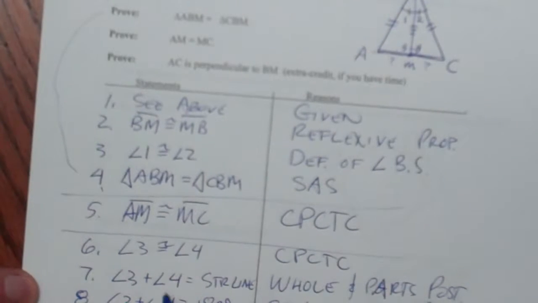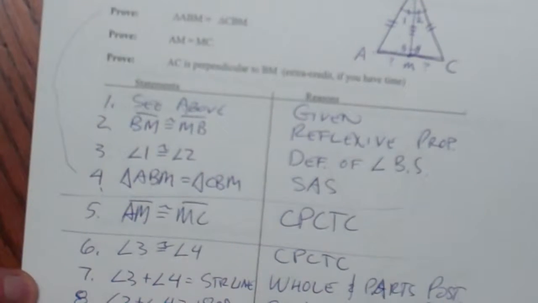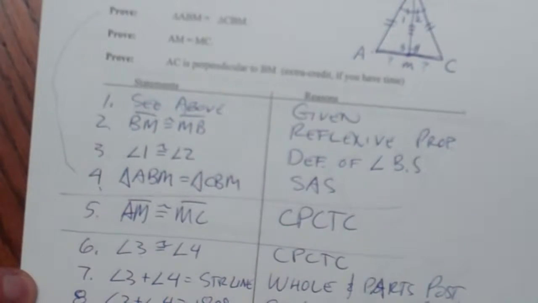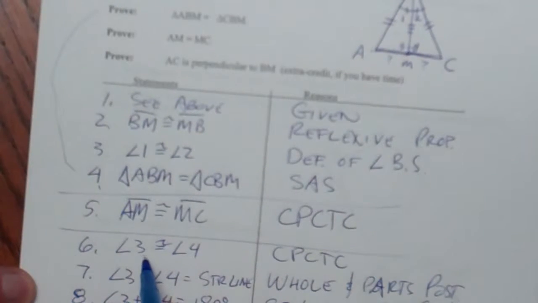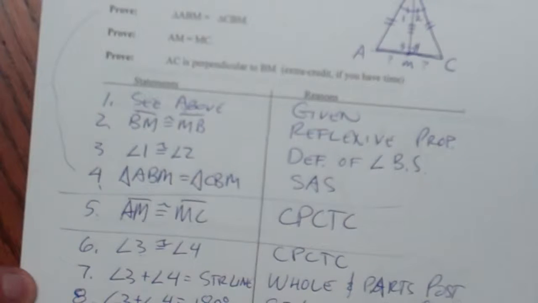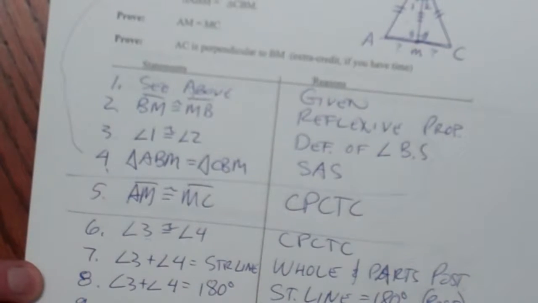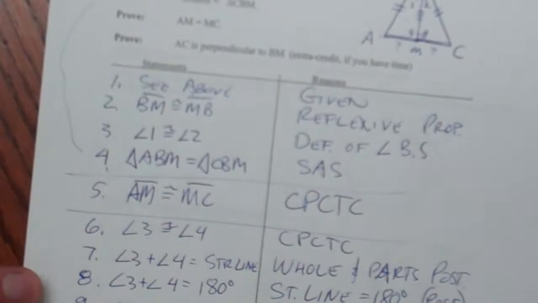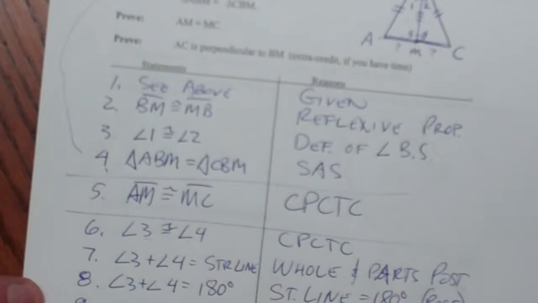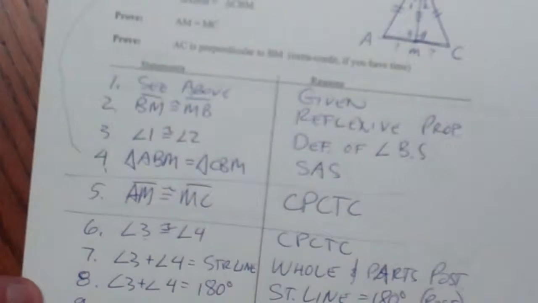Then step 9 is, if 3 is equal to 4, I make a substitution. Angle 3 plus, subbing in place of angle 4 what it's equal to, angle 3 equals 180. That's a substitution step. And then step 10, that 2 angle 3's equal 180. That's just combining like terms or doing the math. That's addition.